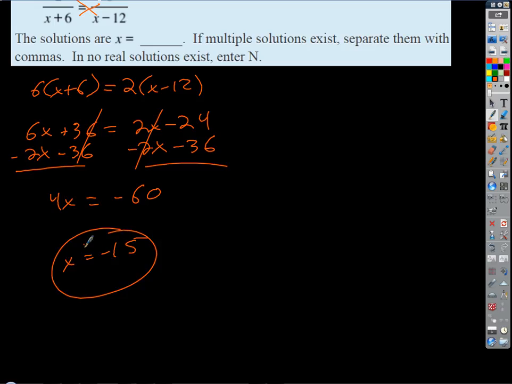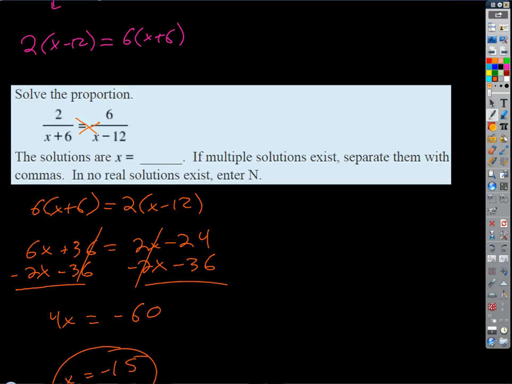I'll just plug it in. Does it work? Let's try it. So if I plug that in, I get 2 over negative 15 plus 6, which is what? Negative 9? Is that equal to 6 over negative 15 minus 12, which is negative 27? Well, let's see.